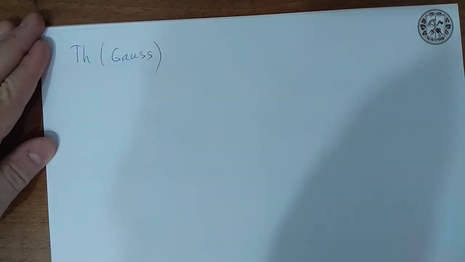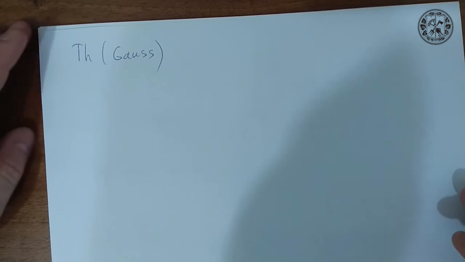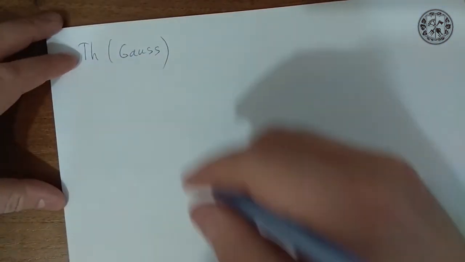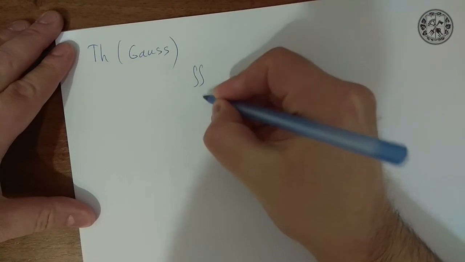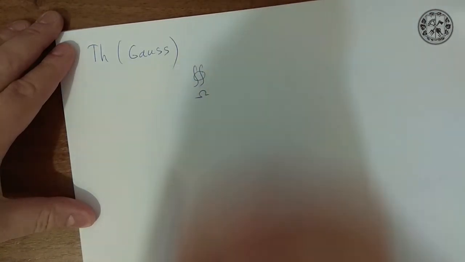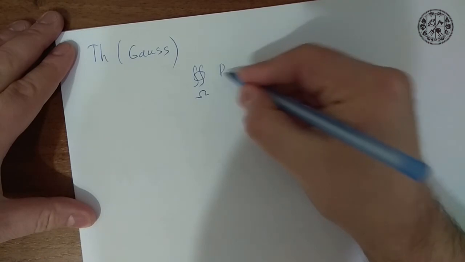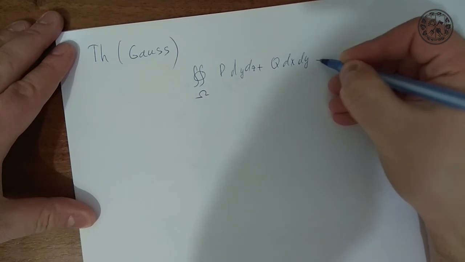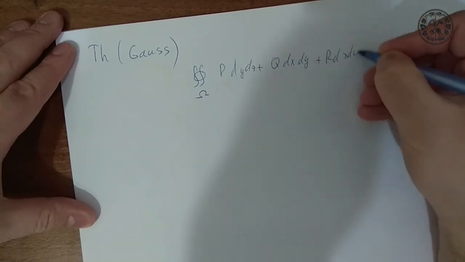There is also one very useful theorem named after Gauss, or you can meet it in different sources as Gauss theorem, surface theorem, or divergence theorem, that states if we have a closed body, closed surface, then we can calculate the surface integral of second kind through the closed surface P dy dz plus Q dx dz plus R dx dy.